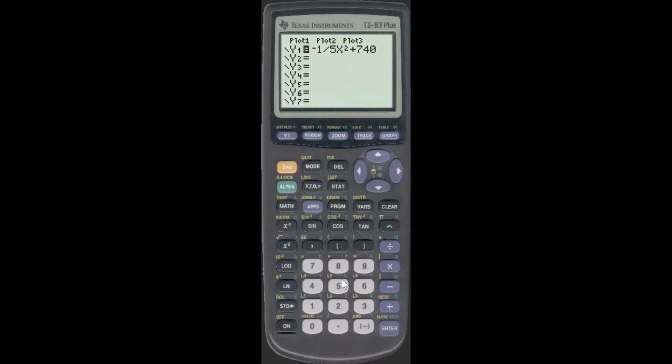And then 3x there. Okay, now when you graph it, if you have the same window, let me know when you've got this entered on your screen.